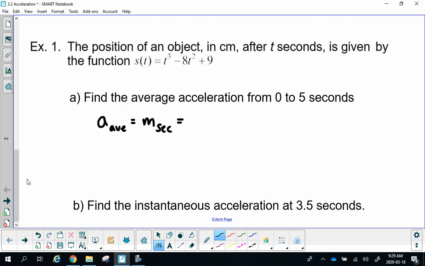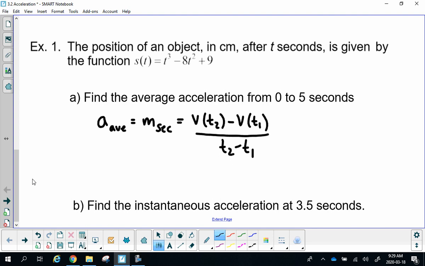The slope of our secant line is going to be defined as v of t2 minus v of t1 all over t2 minus t1. So that's our formula.